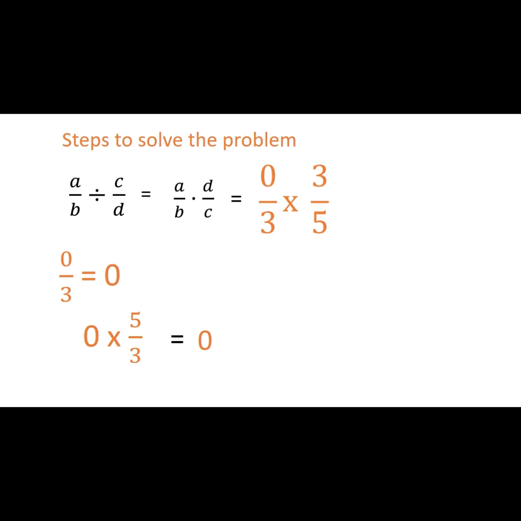So our answer at the end equals 0, and that's the whole point today: when you divide 0 by any number you get 0, or when you multiply a number by 0 or 0 by a number you get 0. So our solution is equal to 0.